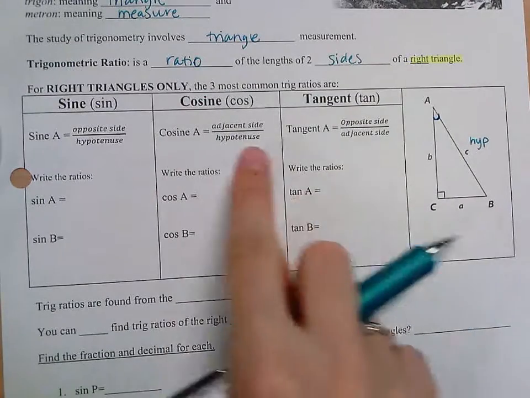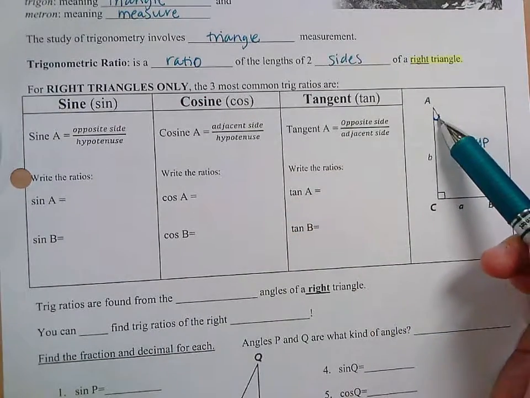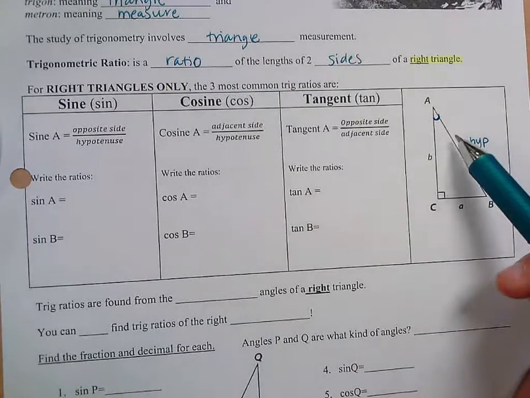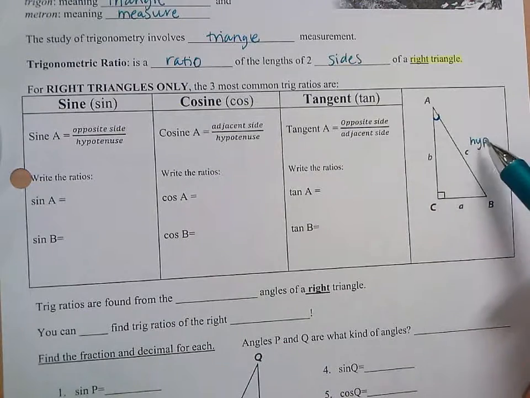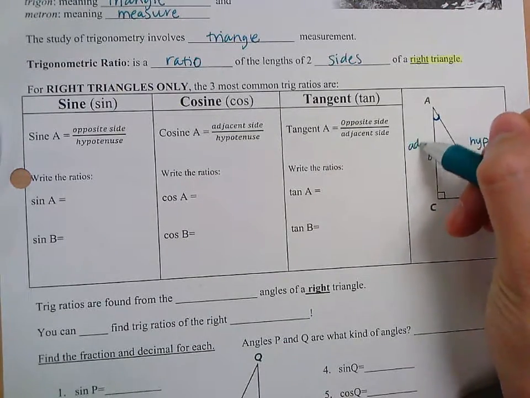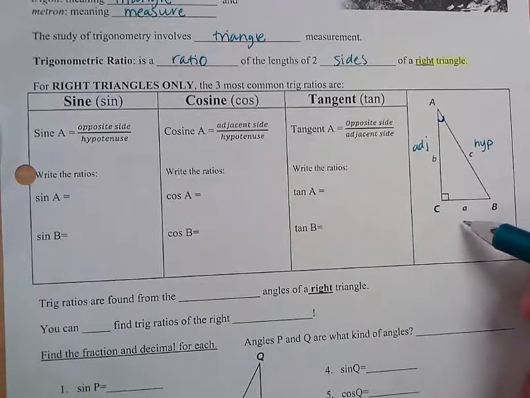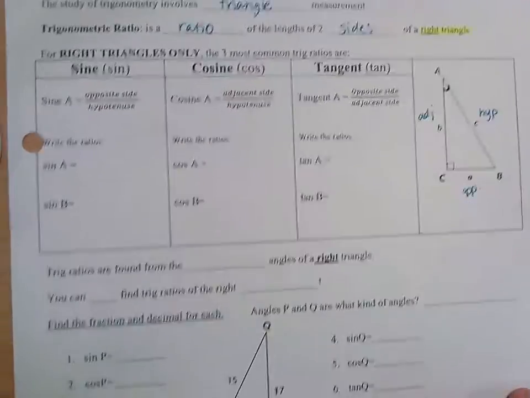So the adjacent side is the side that is next to the angle that is not the hypotenuse. So there's only two sides next to angle A. One of them is the hypotenuse, the other one is the adjacent side. So side B would be the adjacent. And then the side opposite is the side across, the side that doesn't touch the angle. So side little a is the opposite side, which I'm just going to abbreviate OPP.